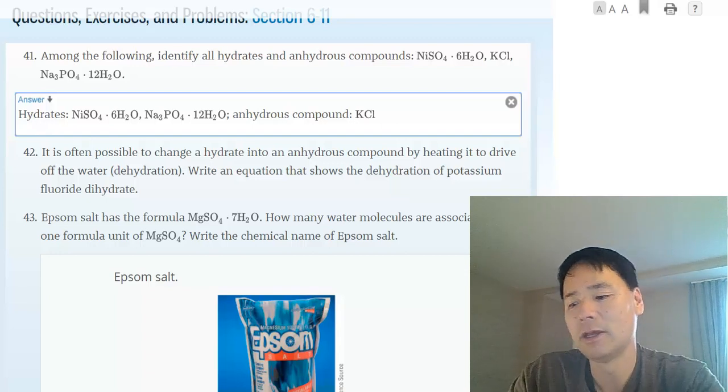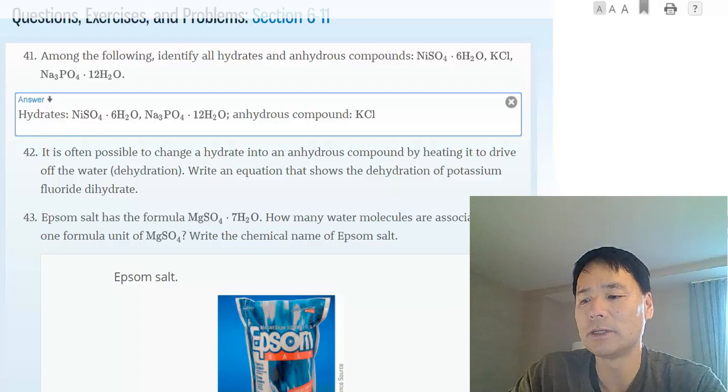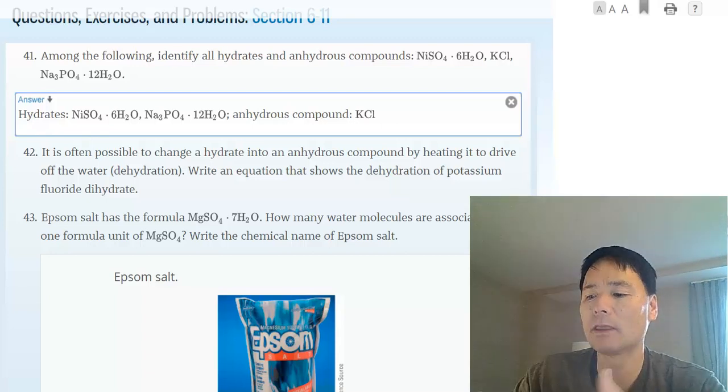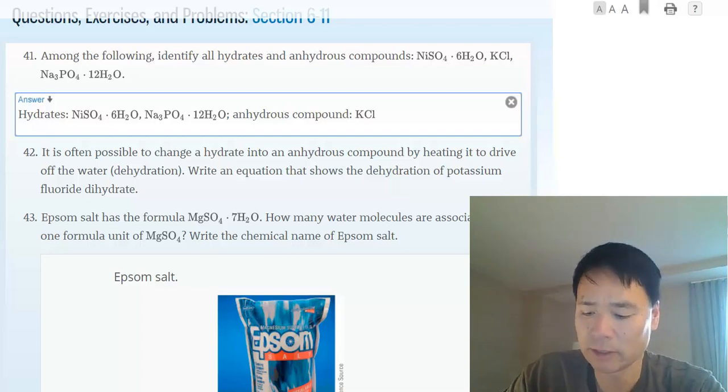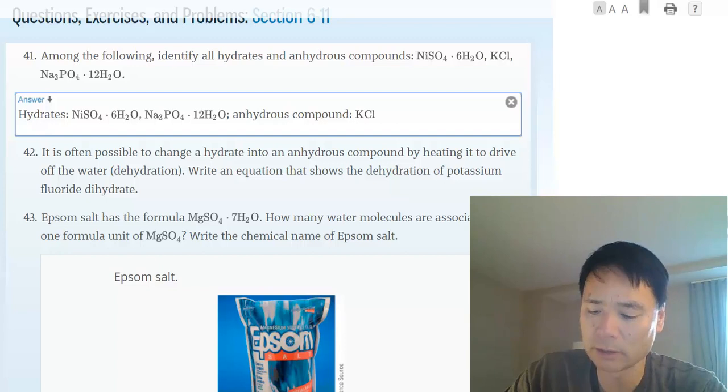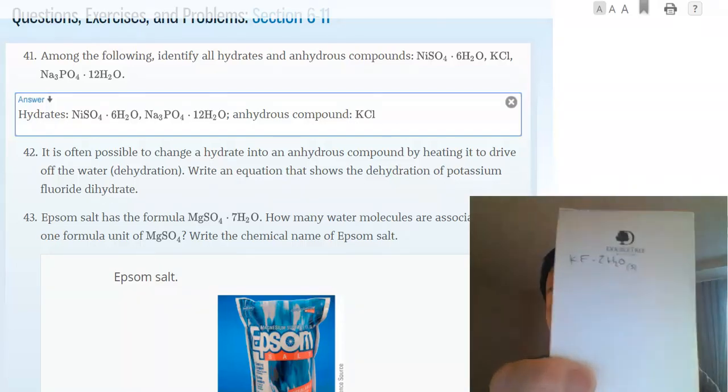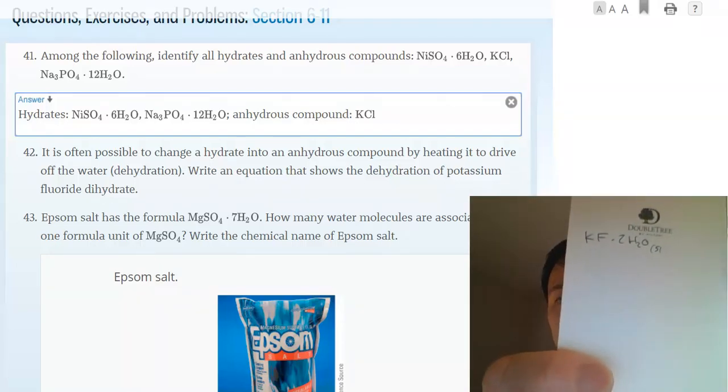Alright, so if we do potassium fluoride, potassium ion is K plus, fluoride's F minus, so we just need one of each. Dihydrate would be two waters, and again, this is a solid. And so we'd have something like this, KF dot two waters, solid.